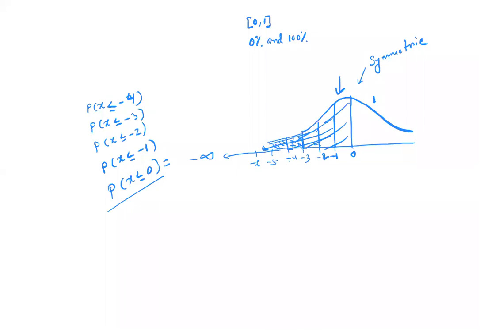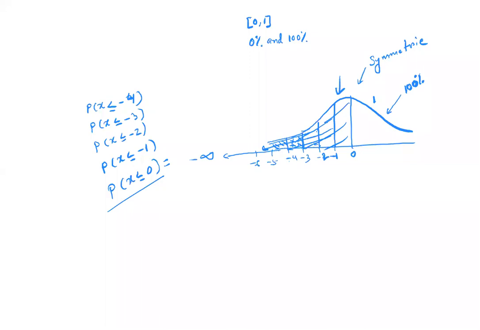If it is symmetric, the left half is a mirror image of the right half, correct? So you have to remember all the area under the curve has to be 100%. That's a fact I didn't tell you. That's why probably you are struggling to answer this question. All the area under the curve is 100%.